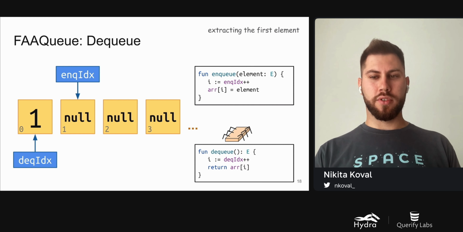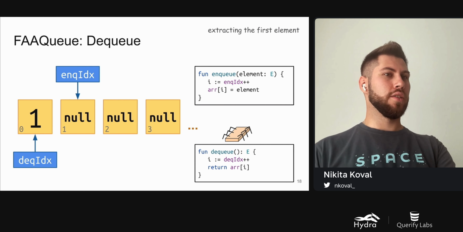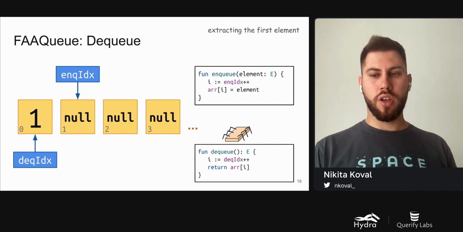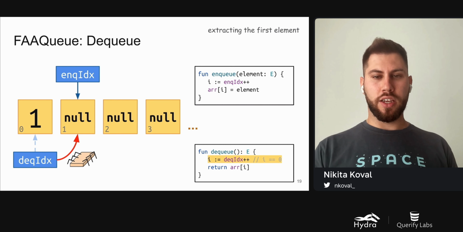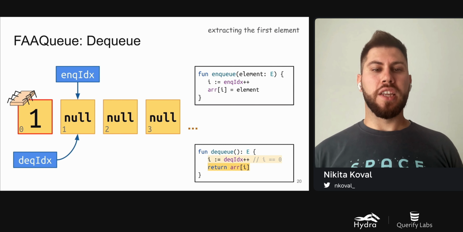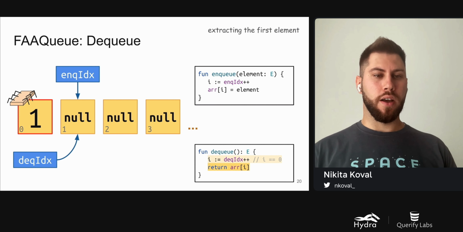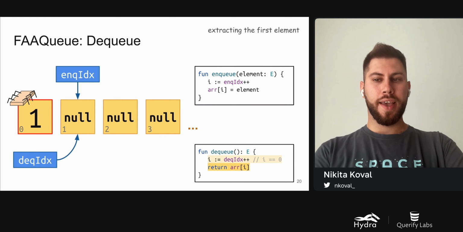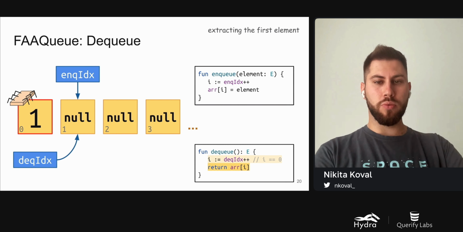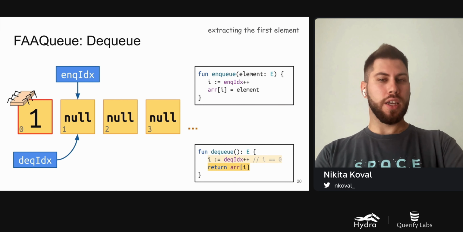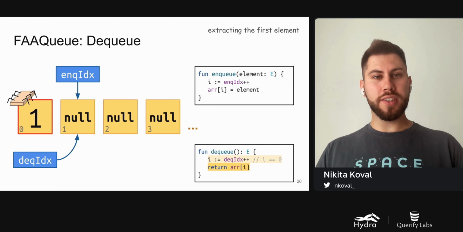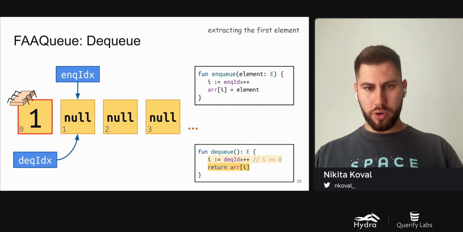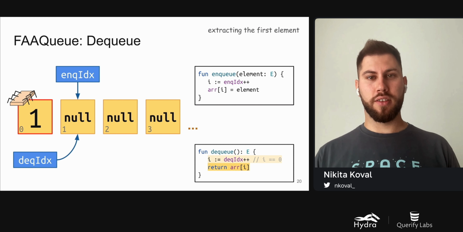After that, when dequeue comes, there is no concurrency, right? It's the same thread. So when dequeue comes, it increments the dequeue index counter and reads the value located in the claimed array cell. And for simplicity, we also assume that dequeue is never invoked on an empty queue. We'll fix this later, but for now we just assume it, okay? So when we invoke dequeue, we guarantee that the queue is not empty.